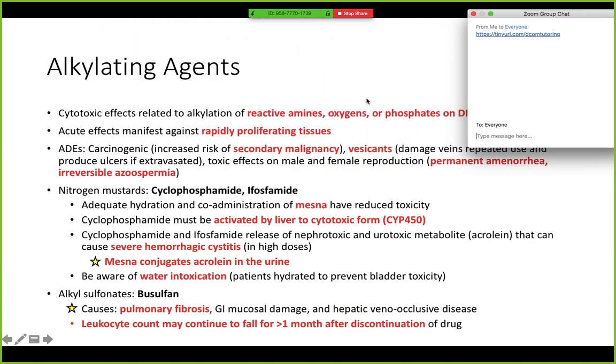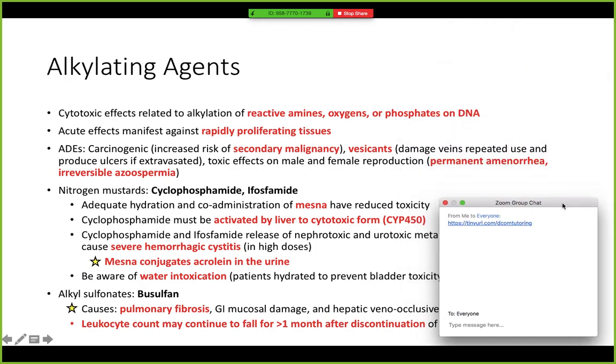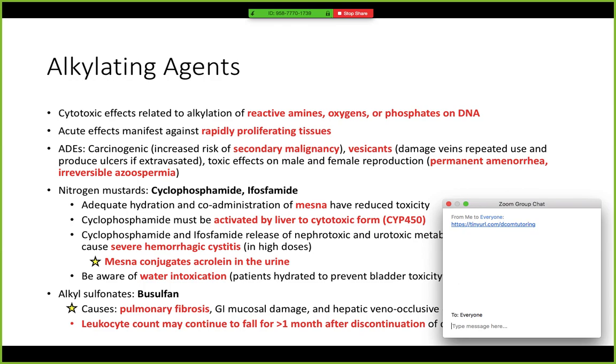First, we'll talk about your alkylating agents. And these have cytotoxic effects related to alkylation of reactive amines, oxygens, or phosphates on DNA. And you'll see acute effects manifesting against rapidly proliferating tissues.